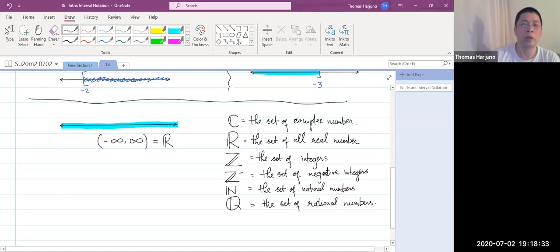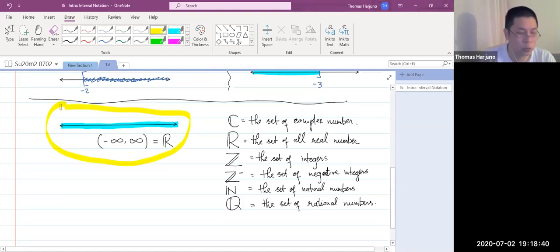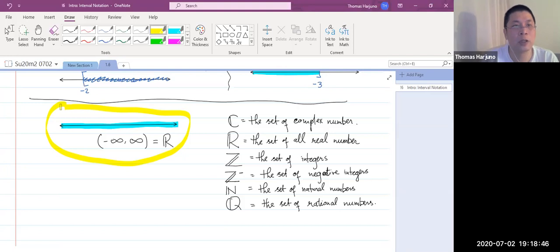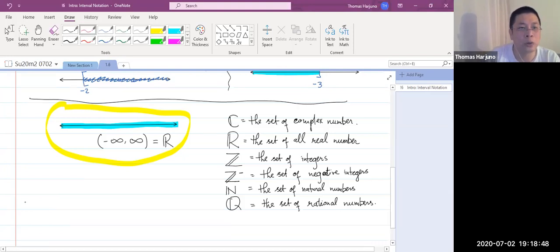Okay. Well, anyway, my main purpose is actually to show you that for all real numbers, we can write it with a capital R double line, or the interval negative infinity to infinity. Now, one little note. I'm aware some of you come from another country, just like me when I first came to America.